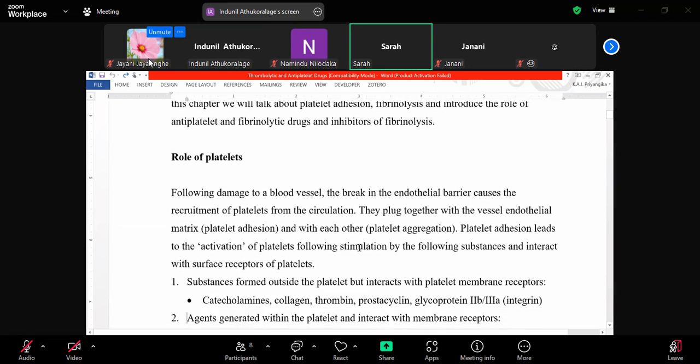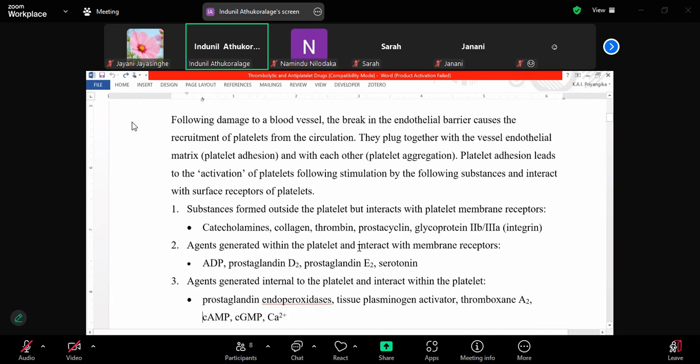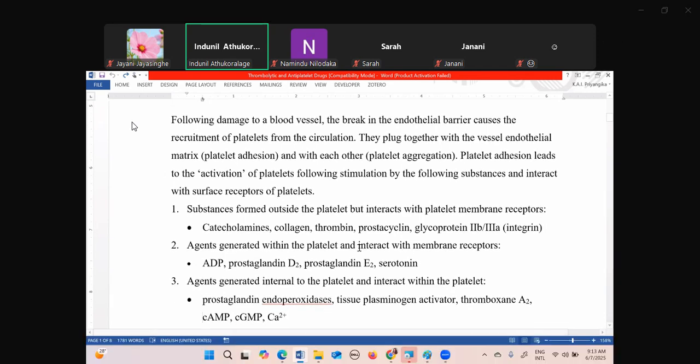Yes, Miss. Okay. So platelet adhesion leads to the activation of platelets following stimulation by the following substances that interact with surface receptors of platelets.